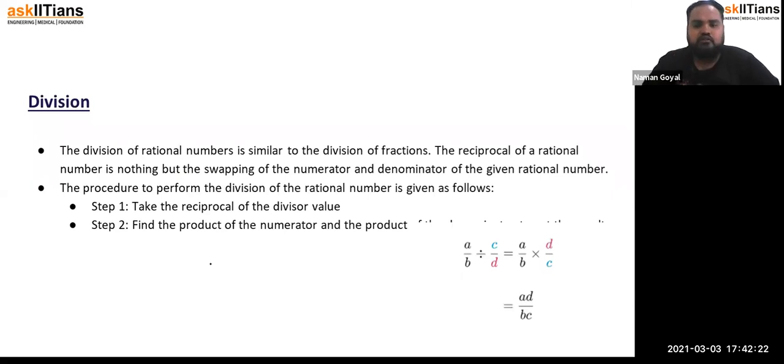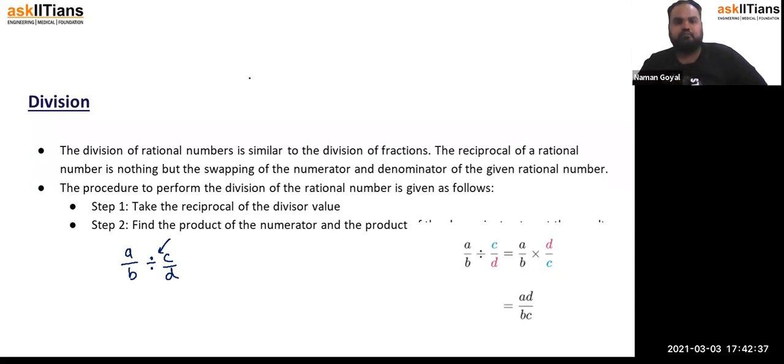if there are two rational numbers, a upon b divided by c upon d, what we do is replace the division sign by multiplication and take the reciprocal of the second part. So it will be a upon b multiplied by d upon c.